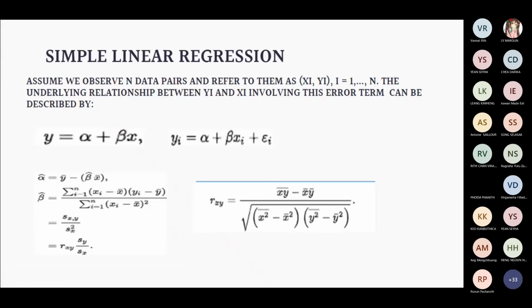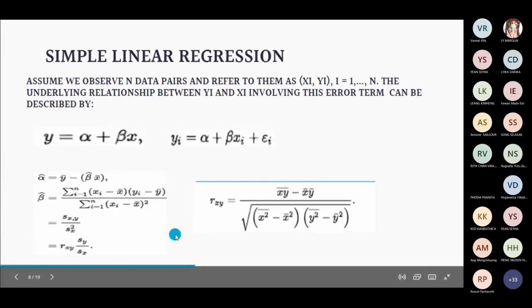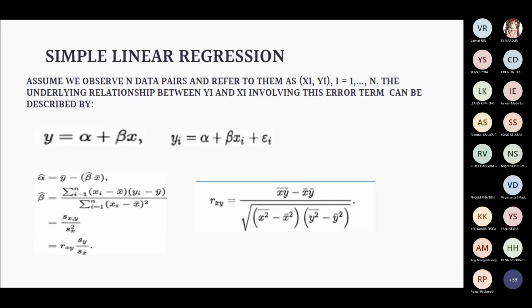For the coefficient, we have the equation: the sum of x minus the mean of x, multiplied by y minus the mean of y, divided by the sum of x minus the mean of x, squared. Then after that, we can define our beta.